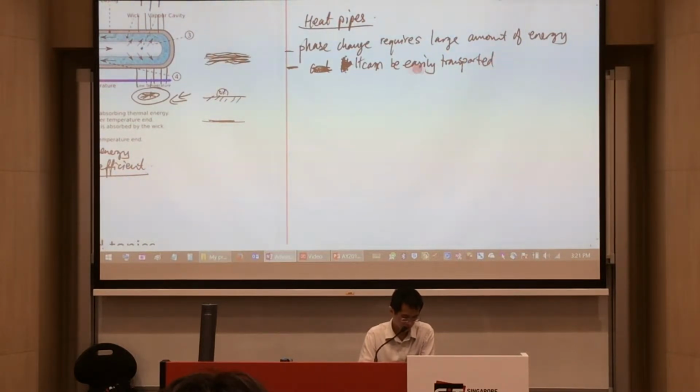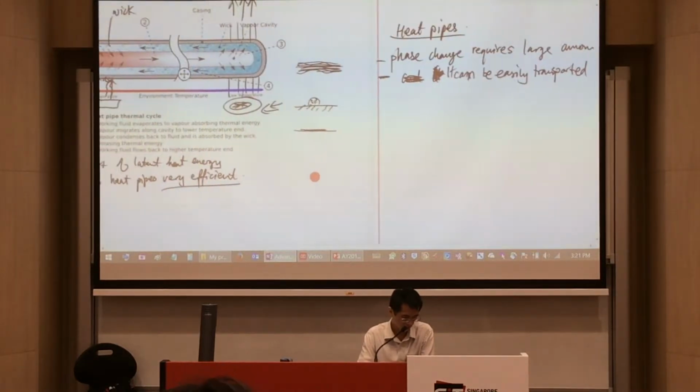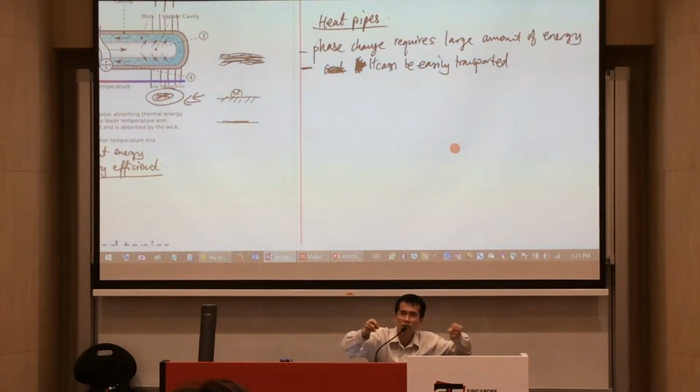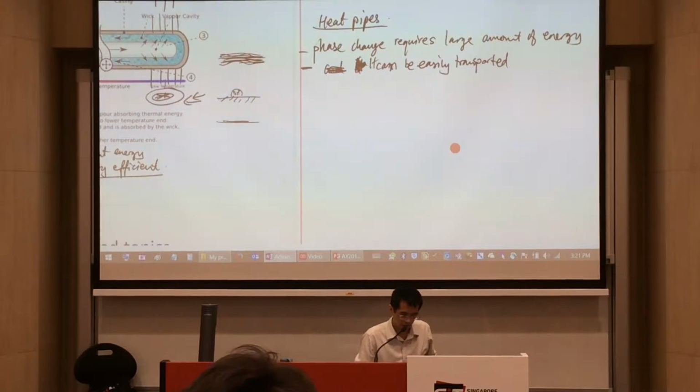Now what does that mean? You could see that for this heat pipe over here, it's easy to transport it across a longer distance, and yet it's still effective on these two ends. So it can be easily transported, whether it is in the gaseous state or the liquid state.